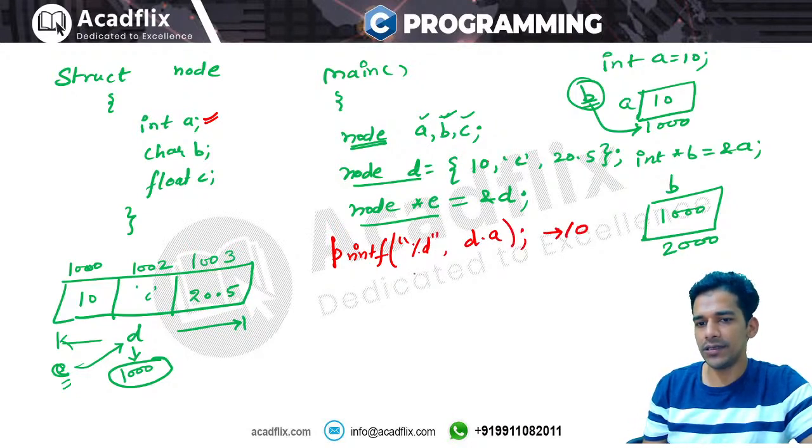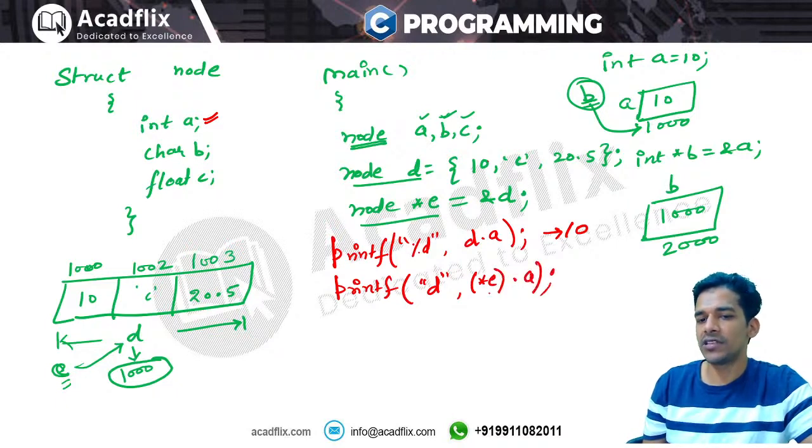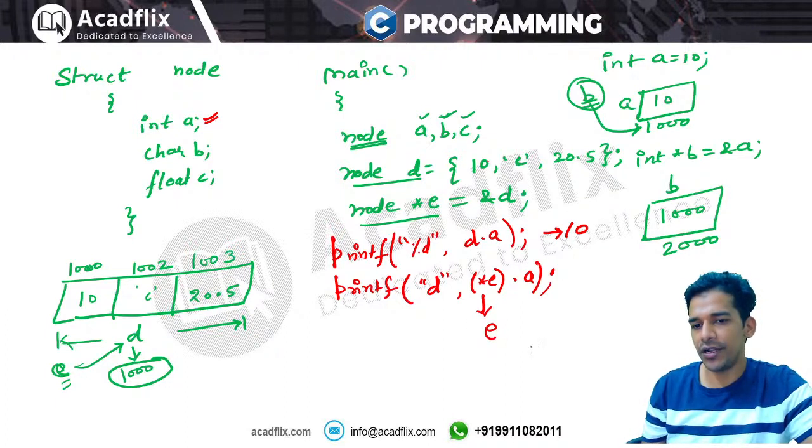Or if I want to access the variable using e, I can say like this, %d, star e dot a, right? What is the meaning of star e? Star e means that you go inside e. Okay, we have e, right? e is pointing to the variable, so e has the address 1000.